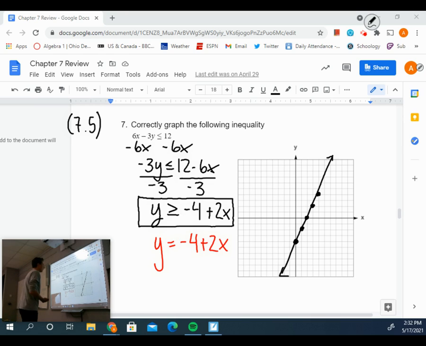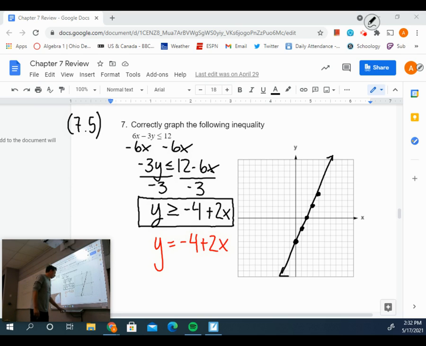From there, the last step, now that I've got a boundary and a solid line, is to indicate all the potential solutions by shading the region, right? The line just talks about the points on y equals -4 plus 2x, but we don't want to just equal -4 plus 2x. We want all of the area where the y values are bigger.